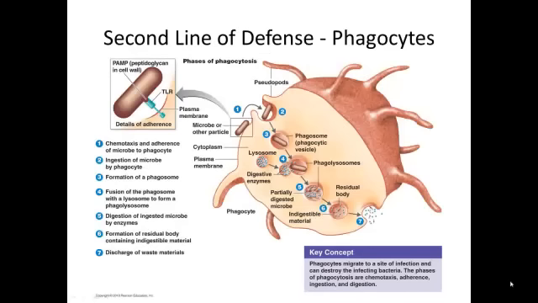Now let's talk about phagocytes and phagocytosis. I'm not going to have you memorize specifically the phases of phagocytosis, but I want you to understand the process and how it acts in innate immunity.